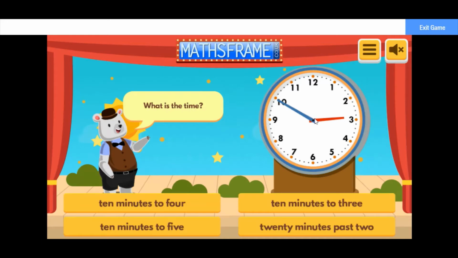So in 10 minutes, our minute hand will be on o'clock and we would have reached 3 o'clock. So is it 10 minutes to 4 o'clock, 10 minutes to 3, or 10 minutes to 5? It is 10 minutes to 3 because it's nearly 3 o'clock. In 10 minutes time, it will be 3 o'clock.